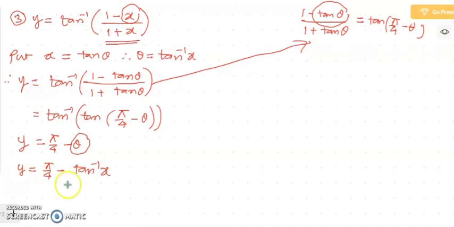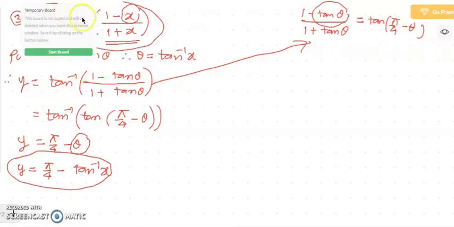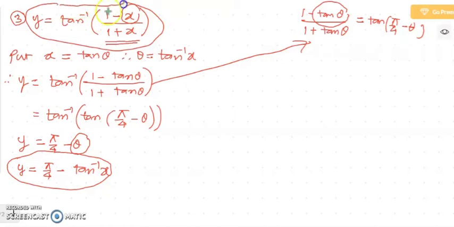So once you find y in the simplest form, this is the simplest form of y we wanted. This was the original form of y. See how much difference there is. If you look at the two expressions, this is very complicated to differentiate. This one is easier.